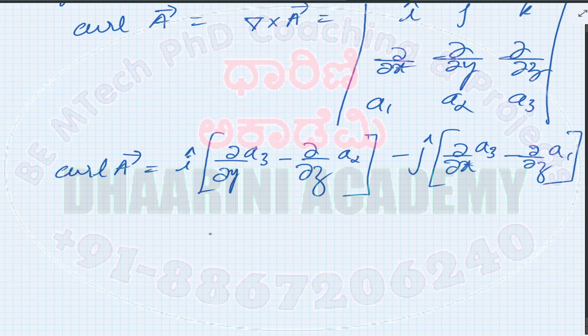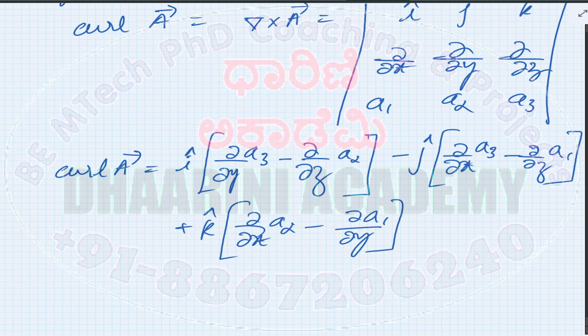It's a simple simplification of the determinant. The next term should be plus k cap into ∂/∂x of A2 minus ∂/∂y of A1. So we try to apply this in the following fashion to get the final answer.